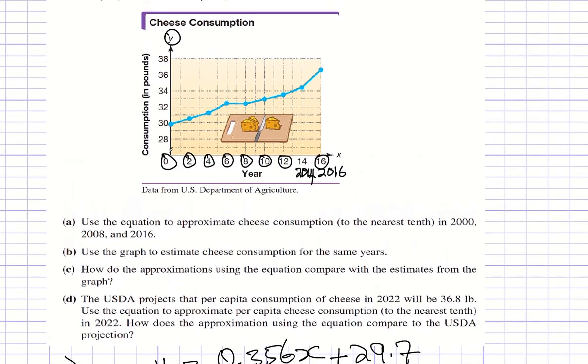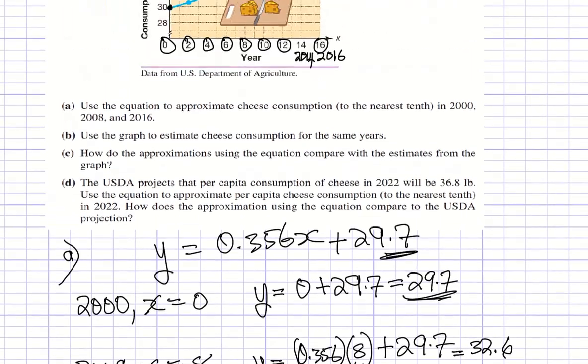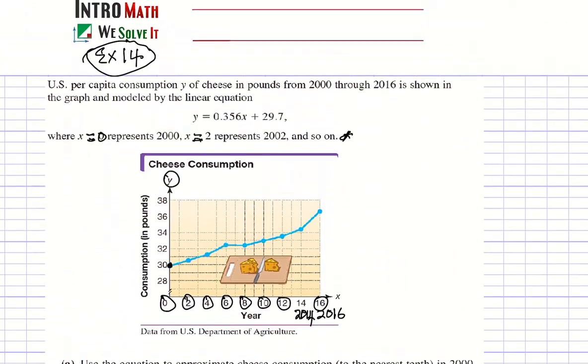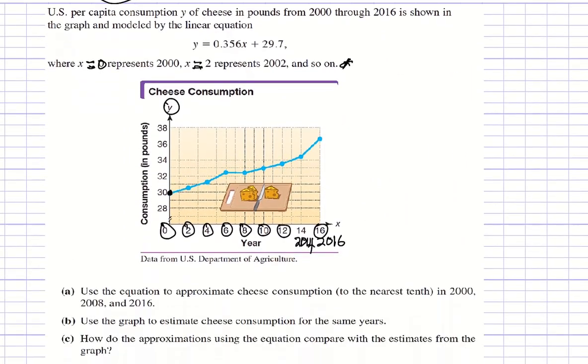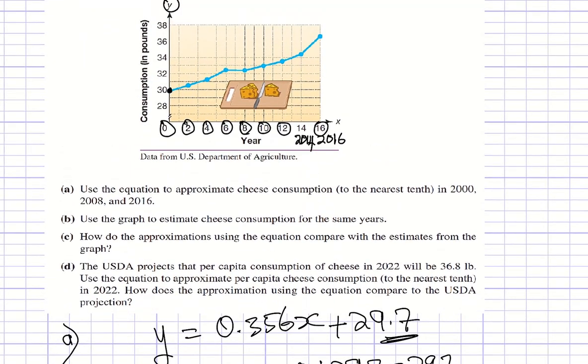If we use the graph, 2000 lies right here. For 2000, consumption will be 30. That's the estimate. Then 2008 is right here. If you go up, it will be right there.